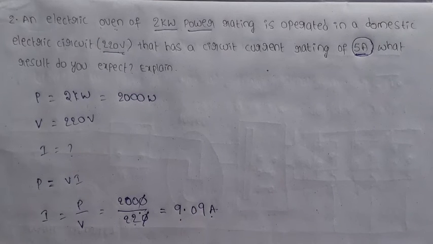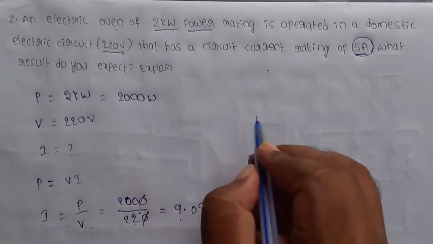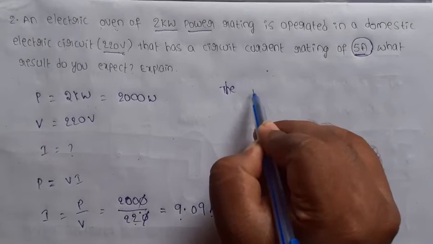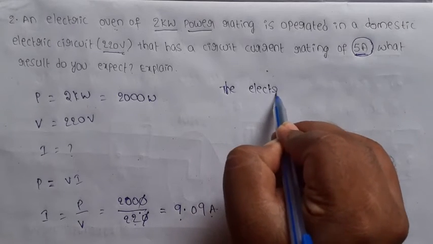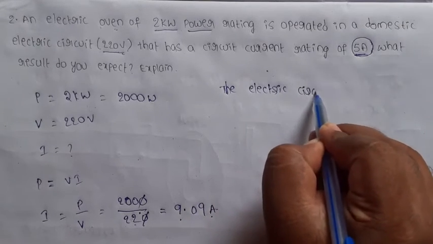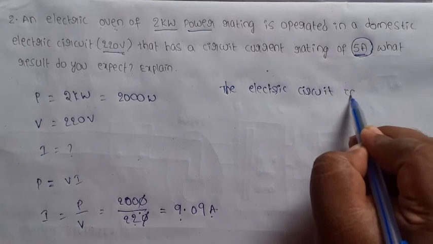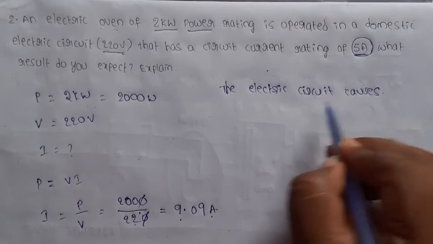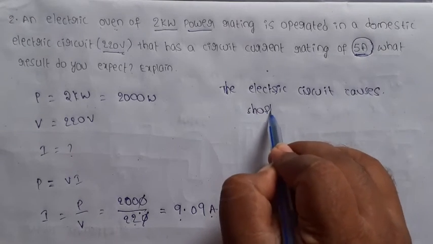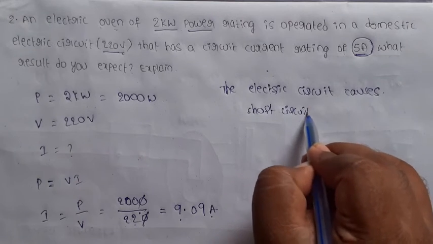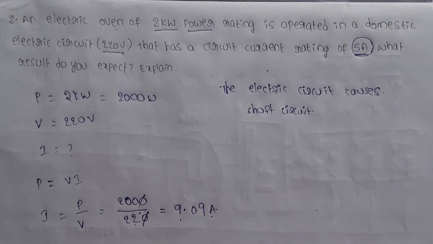So what happens? The electric circuit causes a short circuit. Why?